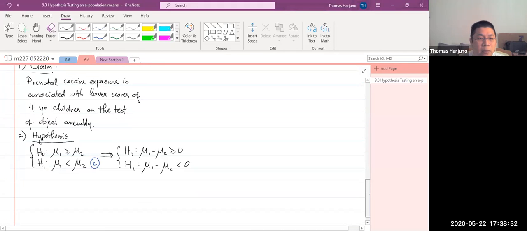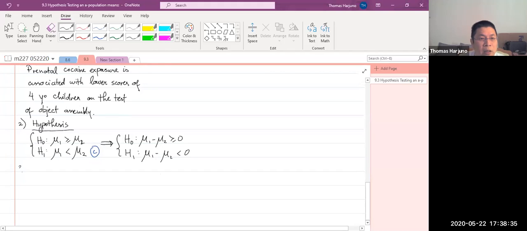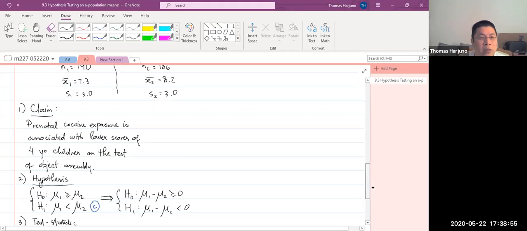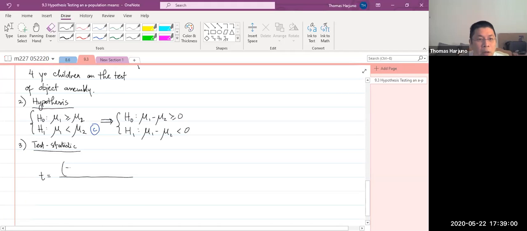Then in my step 3, test statistic, because I don't have the population standard deviation, I use the t-score. That will be x1 bar minus x2 bar, 7.3 minus 8.2 minus, what is mu1 minus mu2?